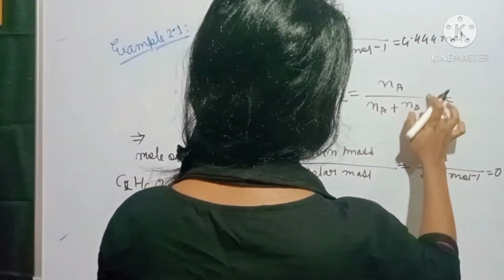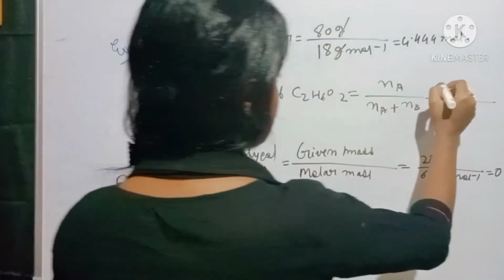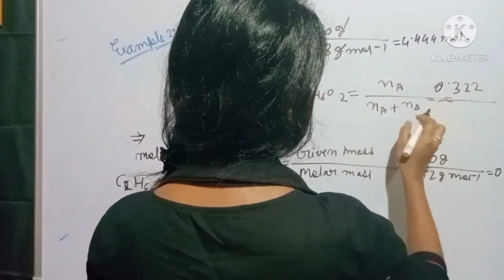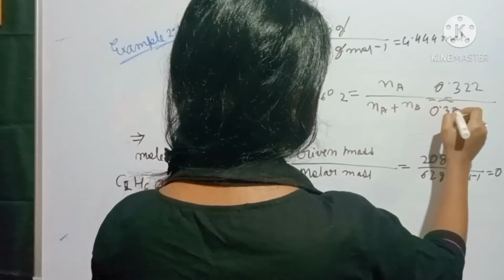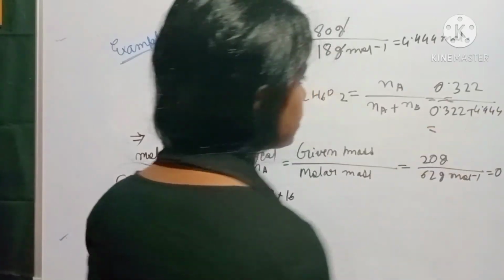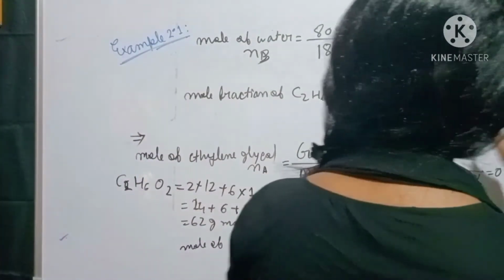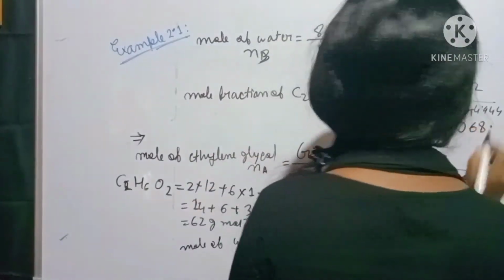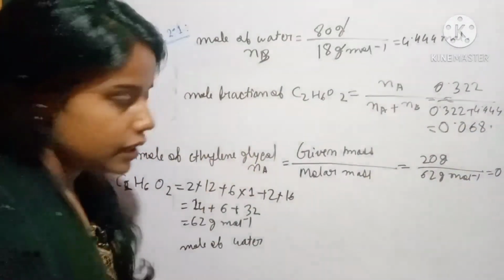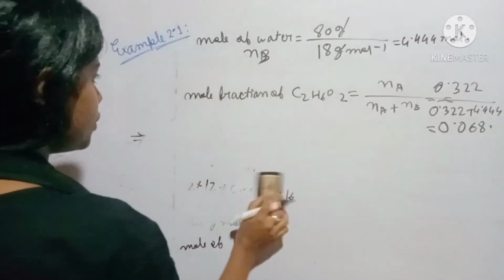So nA is 0.322, divided by 0.322 plus 4.444. If we calculate these things, we get a value of around 0.068.